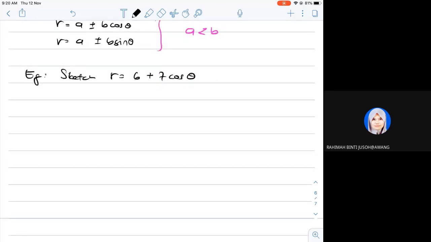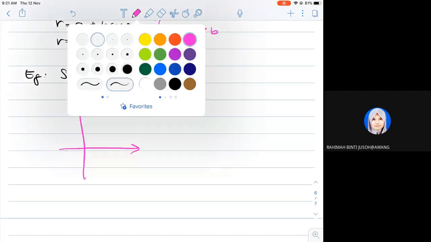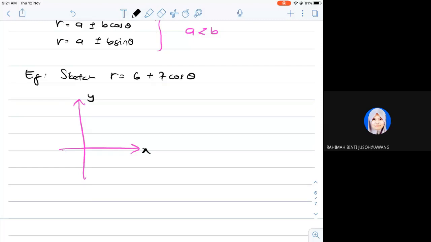We will have a graph like this. A limaçon with an inner loop is like this. We have x and y. Basically cos is the x-axis, and positive. Since it has cos, it is on the x-axis and positive, so your graph will look like this.